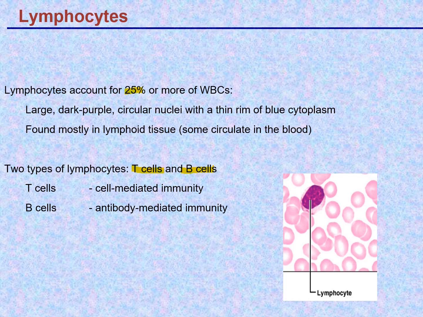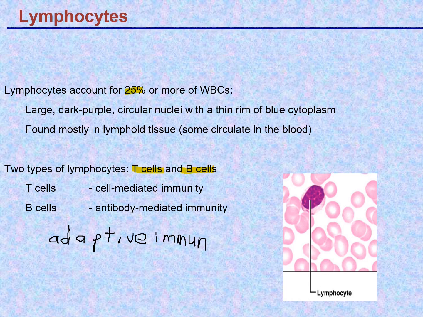These lymphocytes are the cells that mediate the specific immune response, more correctly known as the adaptive immune response, which is highly specific. The reason it's so specific is because these cells have antigen-specific receptors on their surface. So the adaptive immune response is mediated by T cells or B cells.